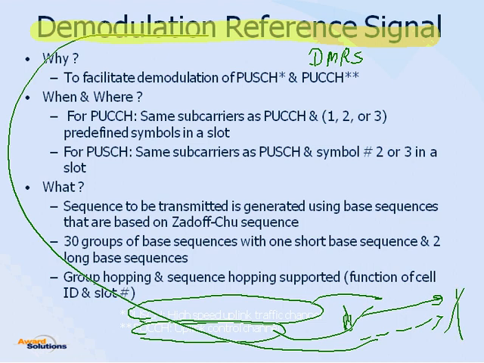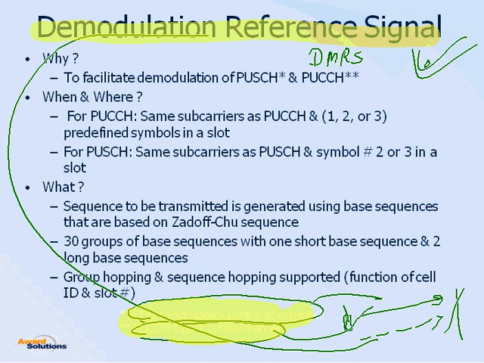So basically, the E node B has a simpler task of figuring out what is on those other channels, because we have a very good reference as our baseline. And of course, we have been doing this for a long time, in 2G systems, 3G, and now even LTE, using the concept of this reference signal. So nothing new from that perspective.